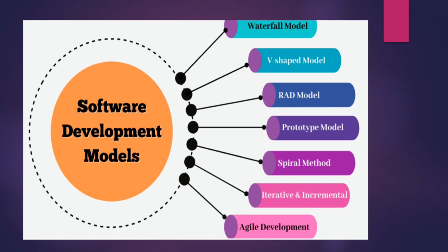The agile model refers to a group of development processes. The spiral model is one of the most crucial SDLC models that provides support for risk handling. It has various spirals in its diagrammatic representation. We will study it in our next video.